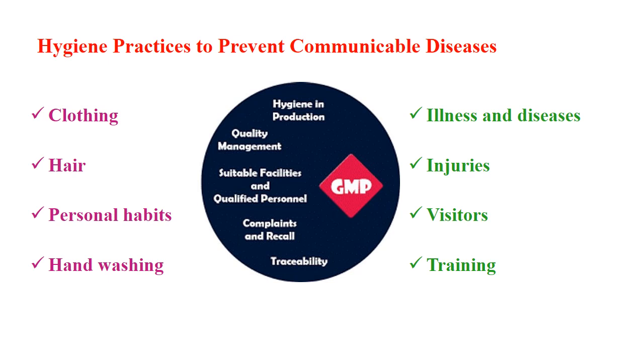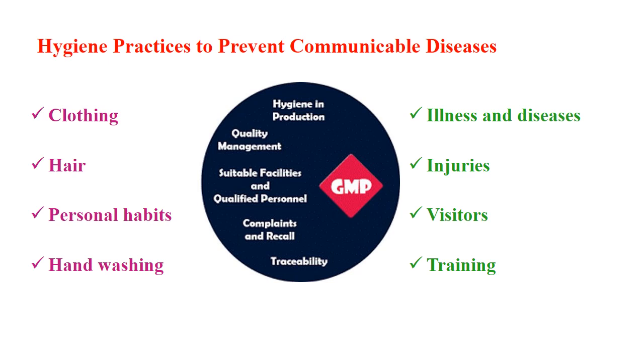Then illness and disease. Anytime workers are sick or having any disease, they should be away from the food processing area, and proper care and checkup should be done. If they have any injuries, again they should not handle the food, because that may cause harm either to the worker or through food contamination. Then visitors should be strictly controlled and should follow proper practices before entering the food processing plant.